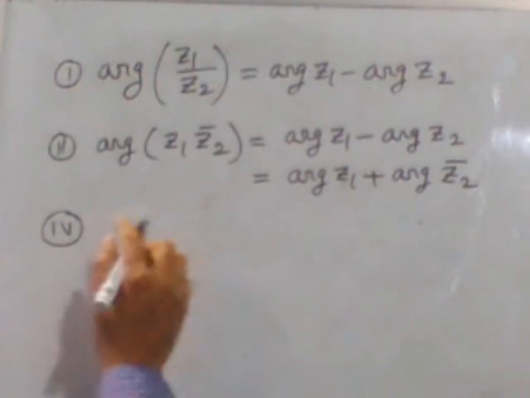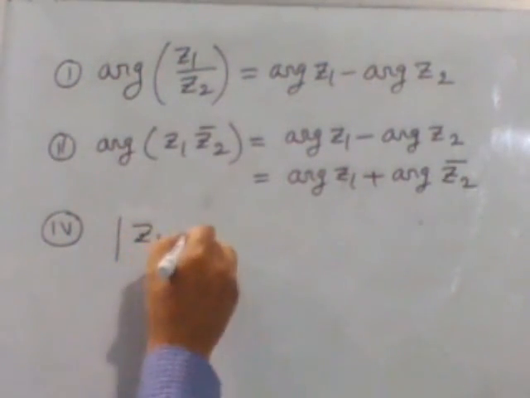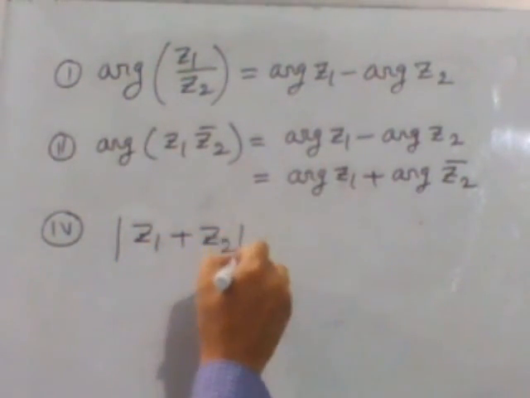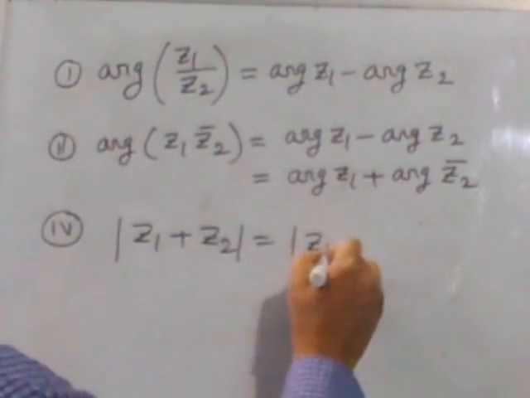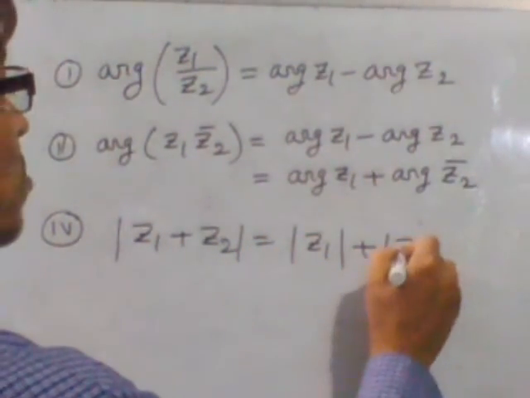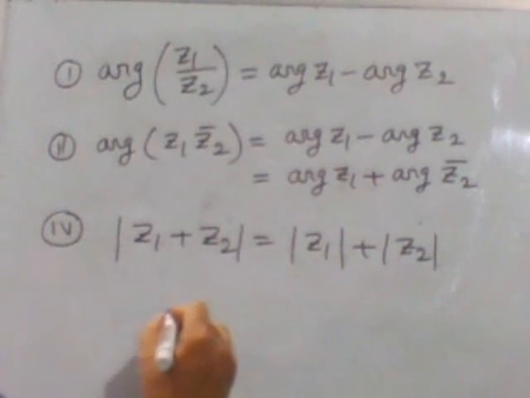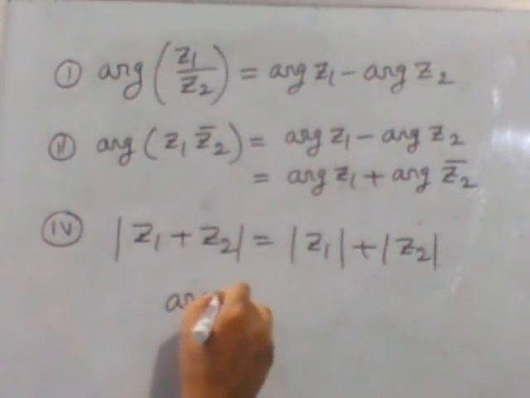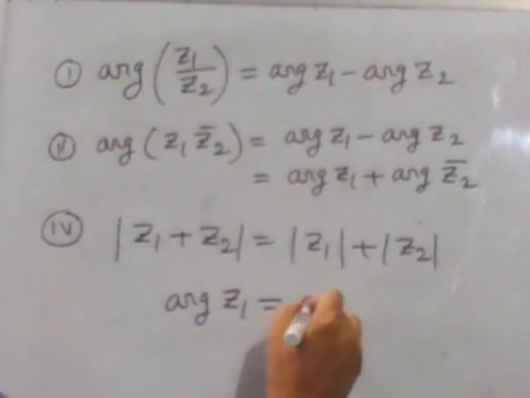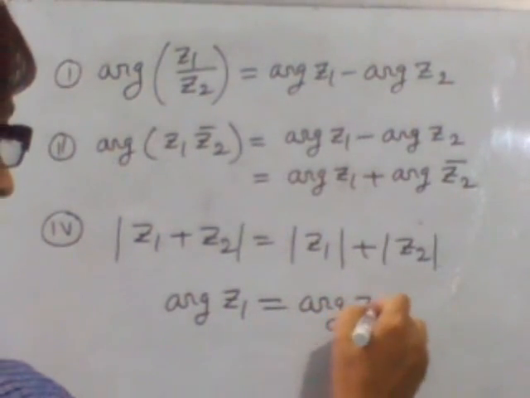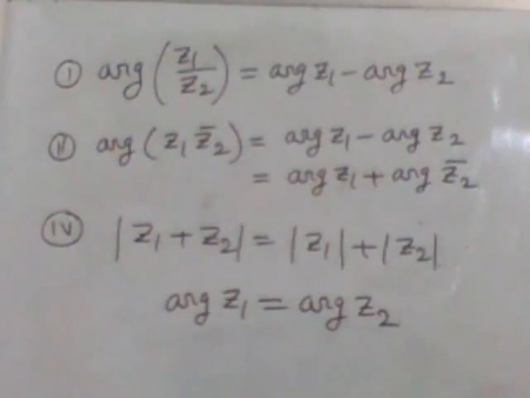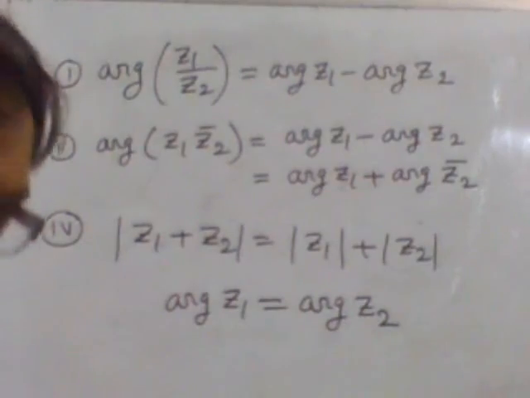Suppose modulus of z1 plus z2 is equal to modulus z1 plus modulus z2, then argument z1 will be equal to argument z2. Now you have to memorize these properties.